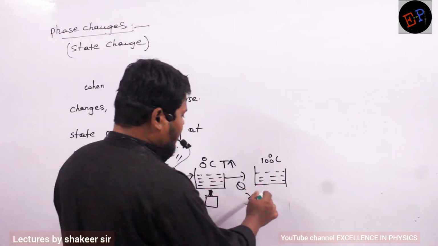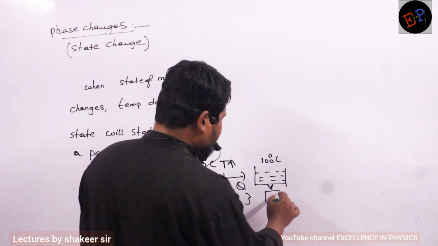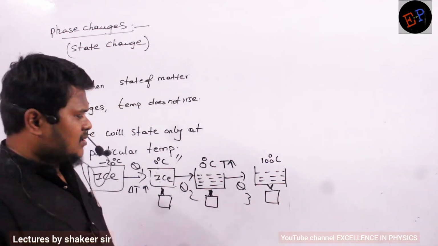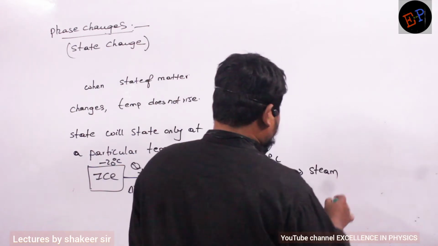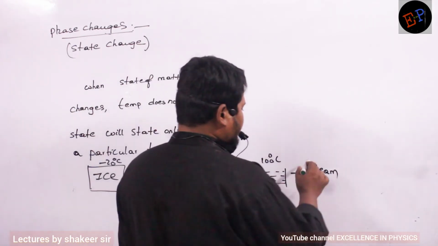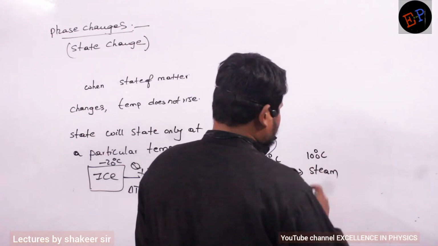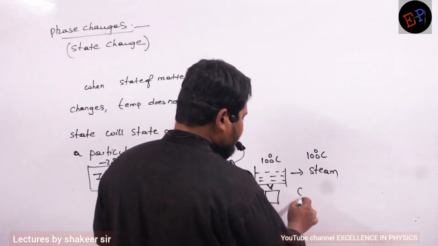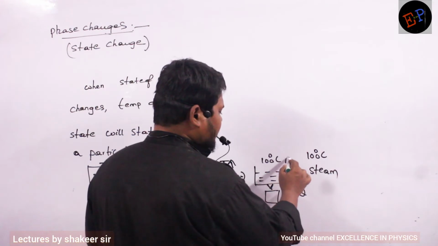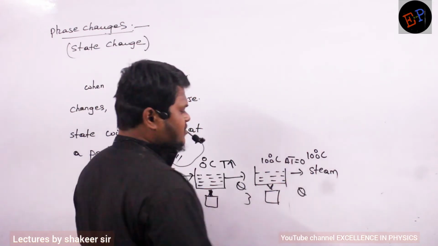Now after reaching 100, if I still keep heating, what will happen? Then it converts into steam, water vapor. And what is the temperature of steam? The temperature of steam will be 100 only. Are you able to understand? So here also we are supplying heat energy. But what is the change in temperature? The change in temperature is 0.